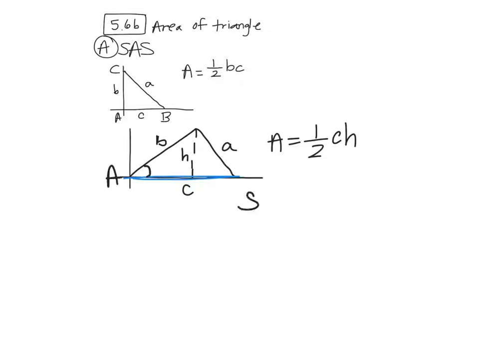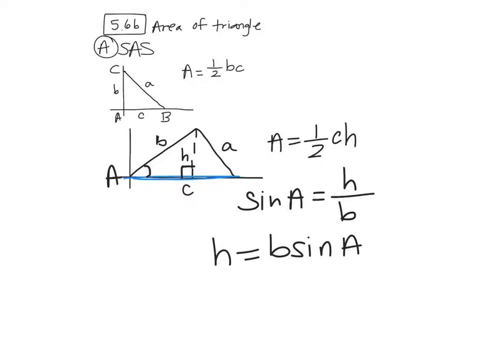The sine of A is equal to what? Does anyone know? There's a right triangle right here. SOHCAHTOA. H over B. So that means that H is equal to B times the sine of A.